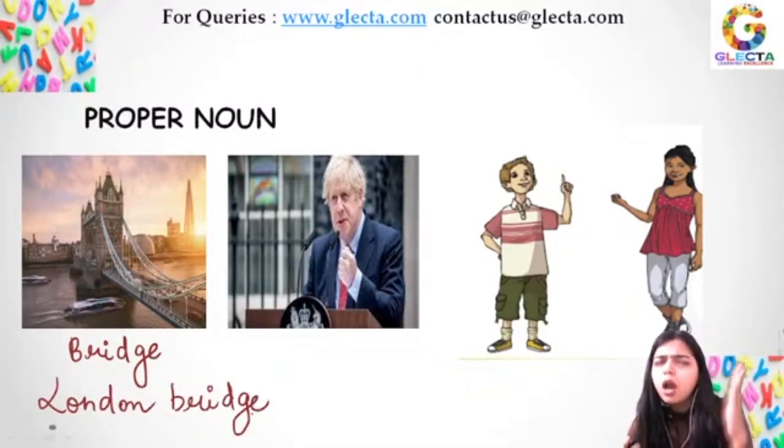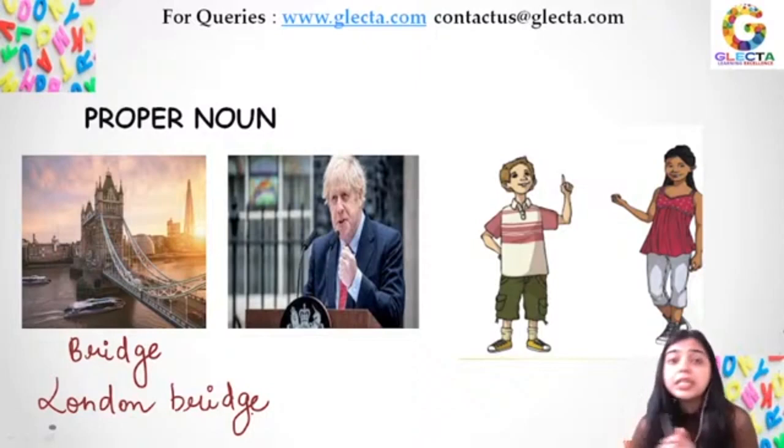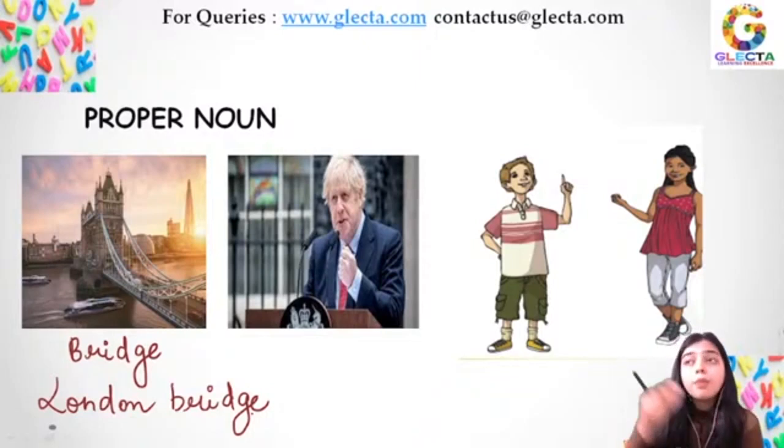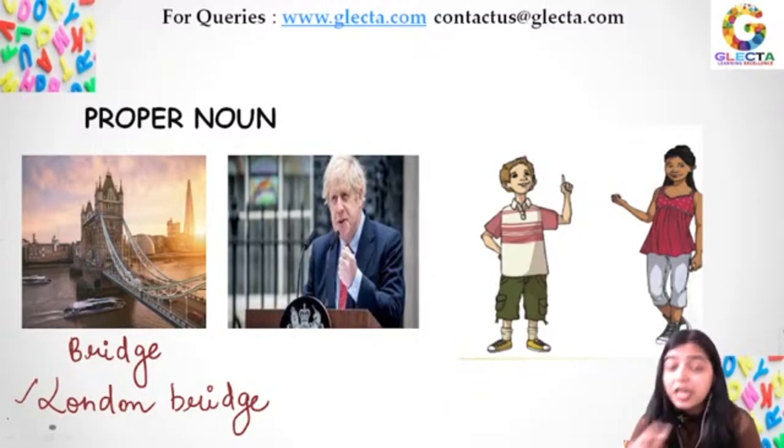How I'm telling, I visited a bridge last Sunday. So now, when I visited a bridge, it can be any bridge. So a common noun, a common name of a place. But when I tell you, I visited the London Bridge, here I'm telling you the specific name of this bridge.